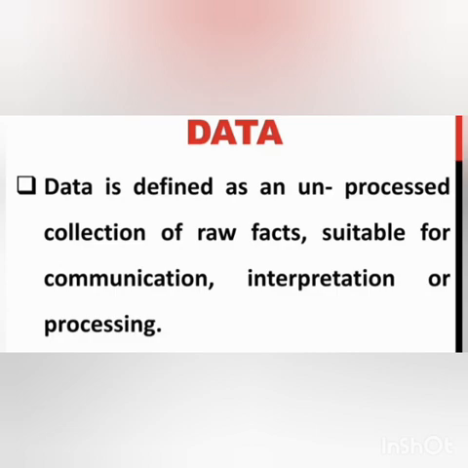Data is defined as an unprocessed collection of raw facts suitable for communication, interpretation or processing. Let us see the first point. Data is defined as an unprocessed collection of raw facts. So it is a fact which we need to process to get the information or to get an idea.